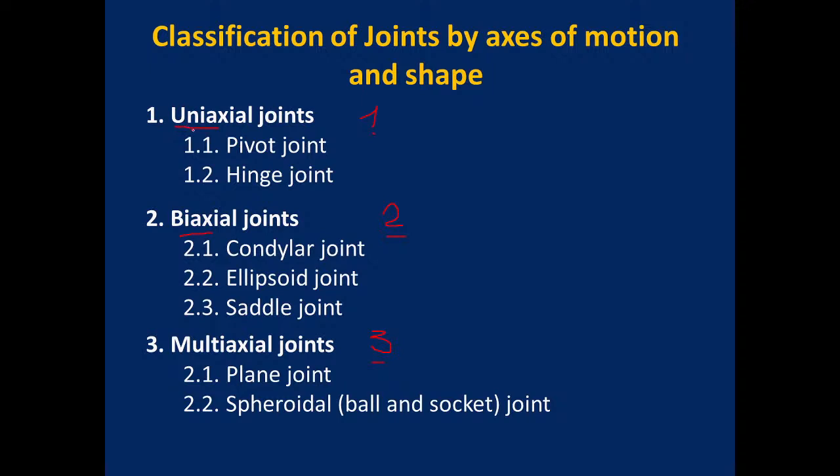And in connection with their axes, we distinguish 2 kinds of uniaxial joints: pivot joints and hinge joints. 3 kinds of biaxial joints: condylar joints, ellipsoid joints, and saddle joints.